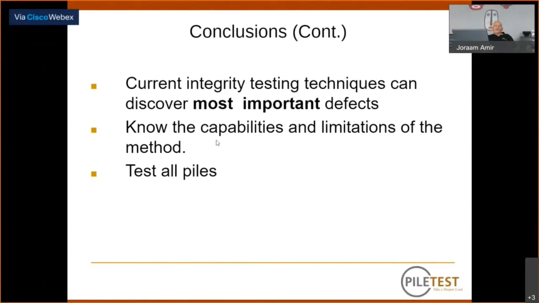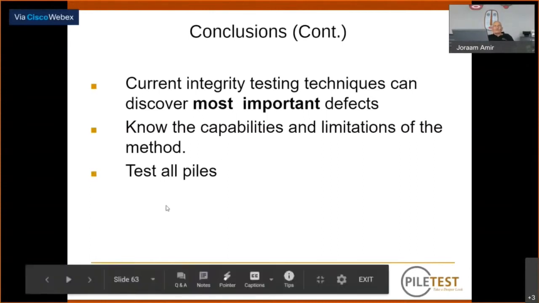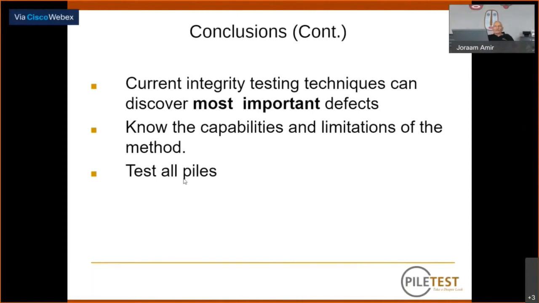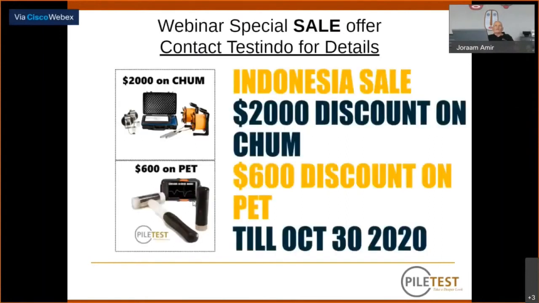Of course, you must know the capabilities and limitations of the method you use, and, very important, test all piles. Some engineers specify testing 10% of the piles, or 20% of the piles, or 50%. This is very poor methodology. You have to test all piles. And I showed you with the PET, the pile echo tester, that testing is very fast. The testing, therefore, is also very inexpensive. So we encourage you to test all piles.